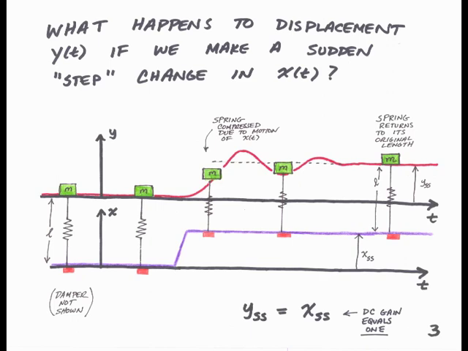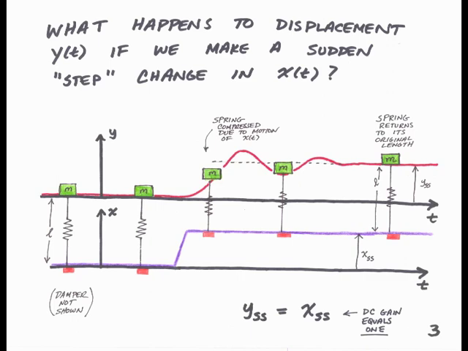So here we have a graph versus time of the base motion, given by x, the purple line, and the motion of the mass, given by the red line. That's y. And what you'll notice is we start off at rest with the spring at its natural length L. And then the step occurs. And when this step occurs, what will happen is x will move quickly, but the mass, given by the red line, won't move so quickly. And so the spring becomes compressed.